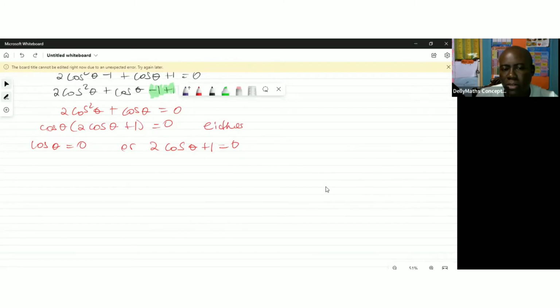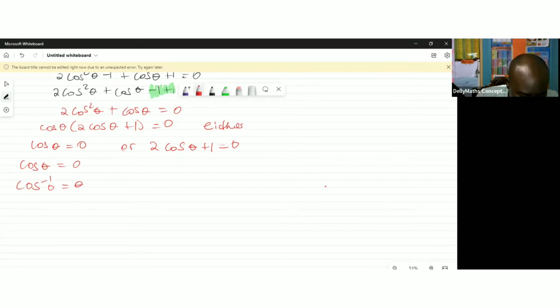Now, let's view situation 1. If cos theta equals 0, to find this angle, we're going to do the inverse or the arc cosine. So we're looking at cos inverse 0, and it's going to give us the angle. In degrees, that would be 90 degrees or pi over 2.